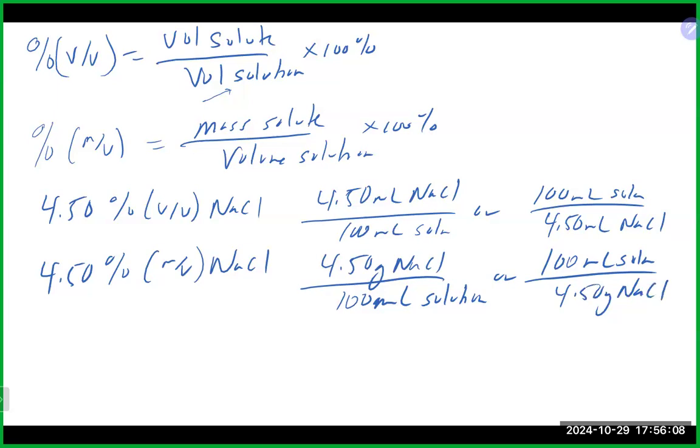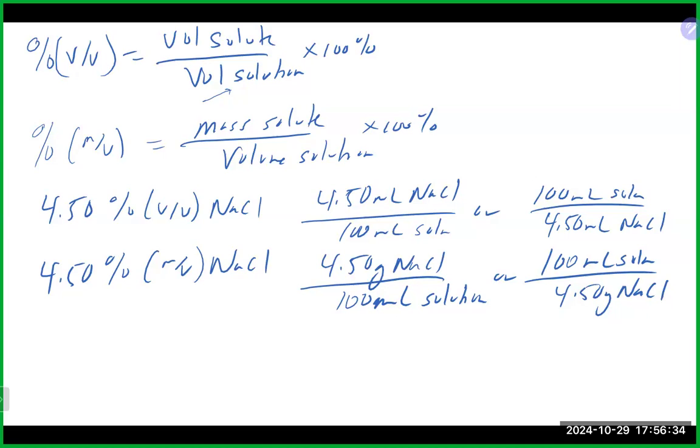So once again, they're all pretty similar in terms of how you calculate them and how you could convert them into a conversion factor. Because these are percentages, we oftentimes assume 100, and that keeps the numbers the same. Any questions on that there?